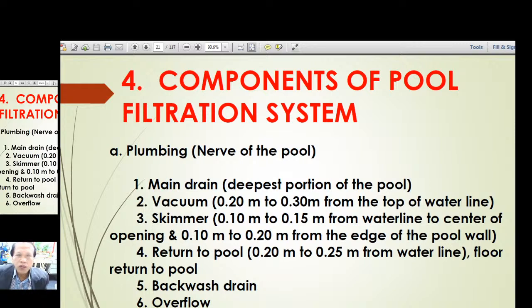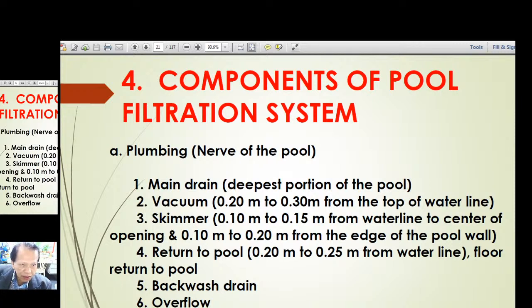Number 4, components of the pool filtration system. We have the plumbing. Letter A, plumbing is considered the nerve of the pool, where your water is flowing. Number 1 here is the main drain, the deepest portion of the pool. Then number 2 is the vacuum, 0.2 meters or 0.3 meters from the top of the water line.